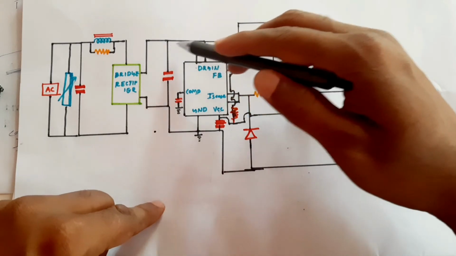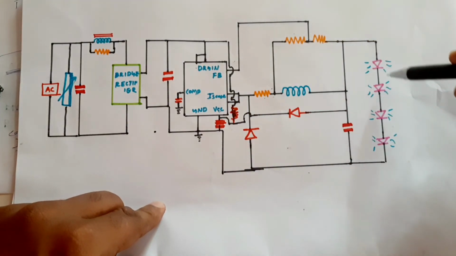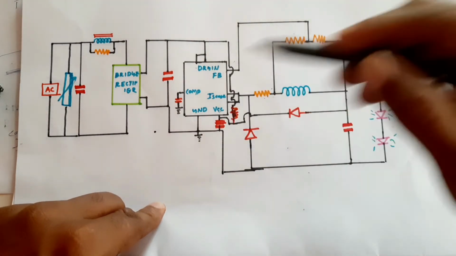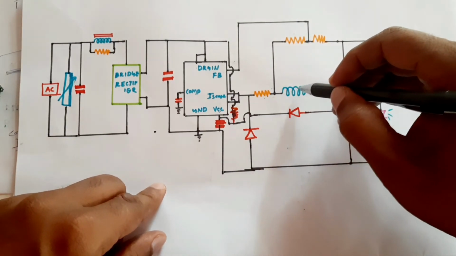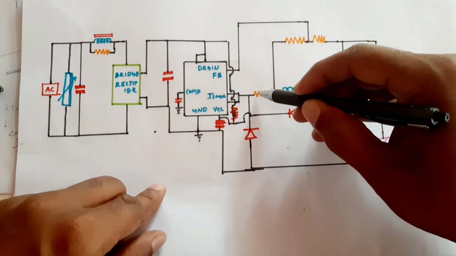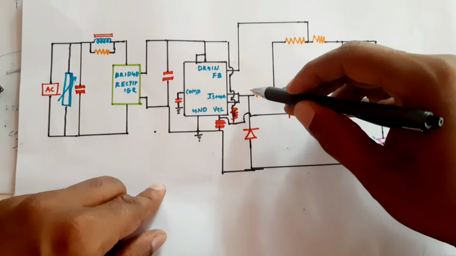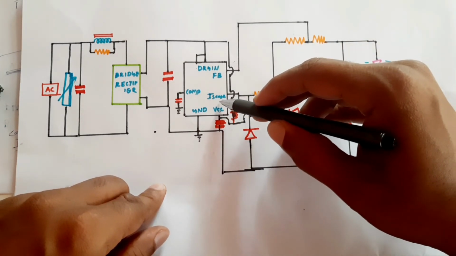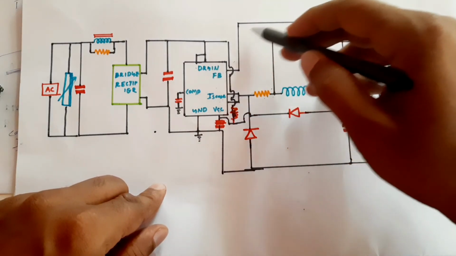So when the transistor is on, the current is flowing through the inductor and to the capacitor and to the load. And when it is switched off, the energy stored in the inductor will be freewheeling through this, and when it reaches zero, the current through the inductor has reached zero. It senses that it has reached zero and gives a command to turn on the transistor again, and it is on again.